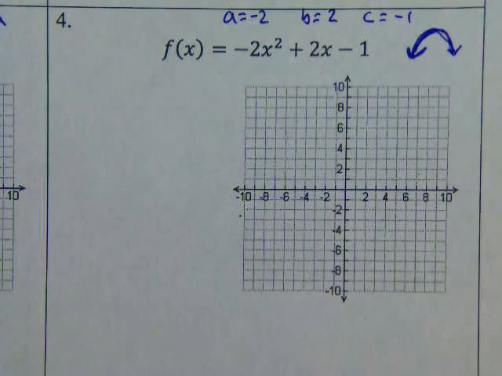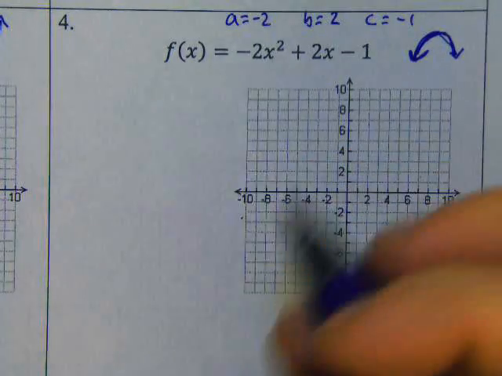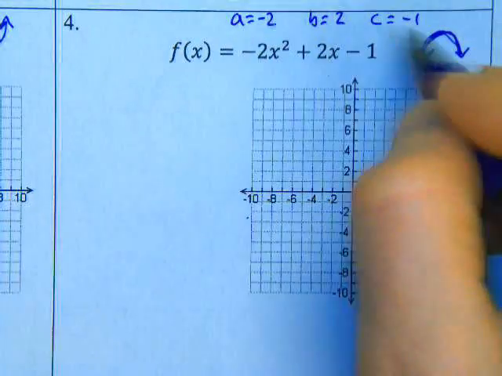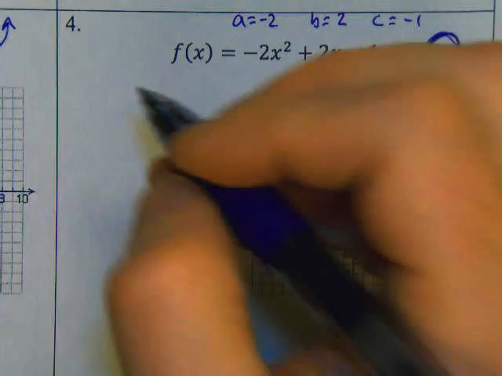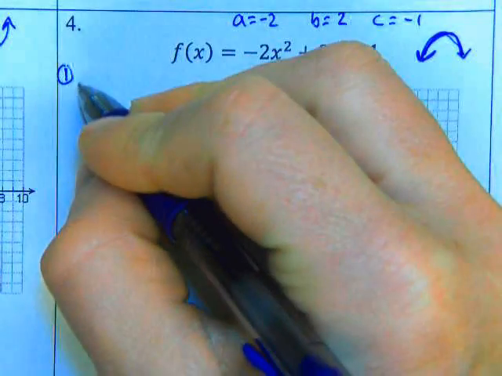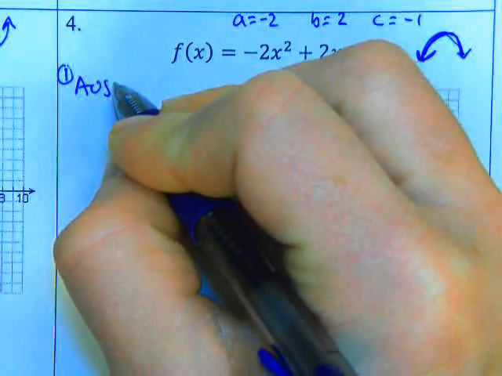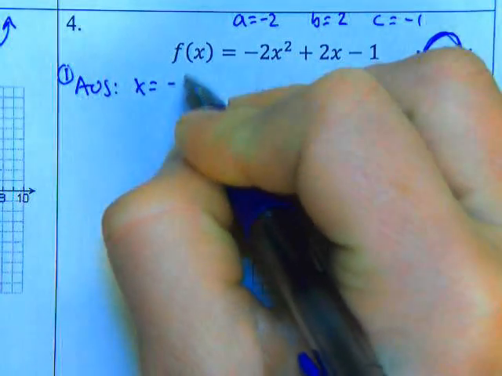So let's go ahead and go through this again. Again, you got your A, B, and C identified. You got a sketch of what it should look like. Next is the axis of symmetry, so let's get that. x is -b over 2a.